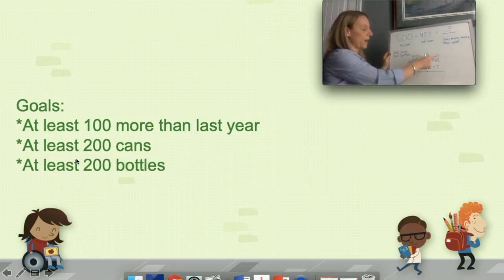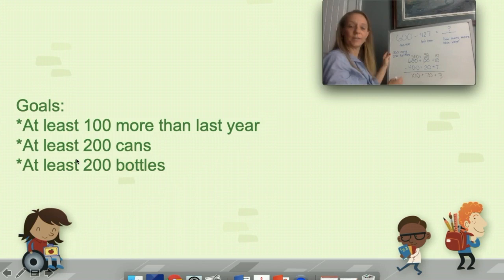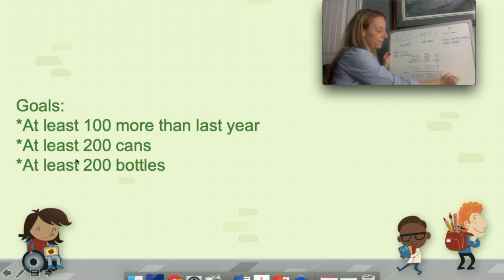Now I can subtract. 10 minus 7 is 3. 90 minus 20 is 70. 500 minus 400 is 100. If I put all that back together in standard form, if I combine my hundreds, tens, and ones, 173.